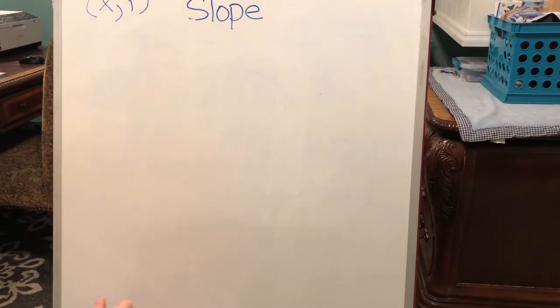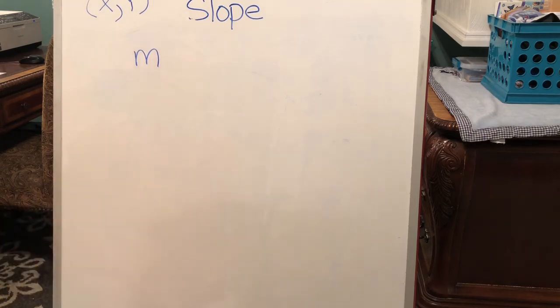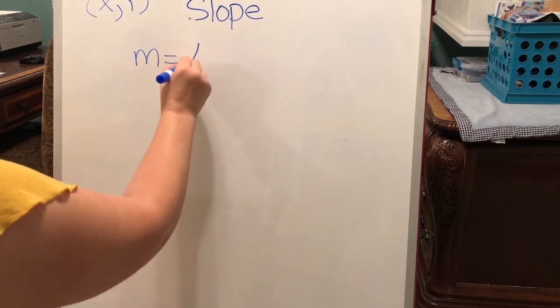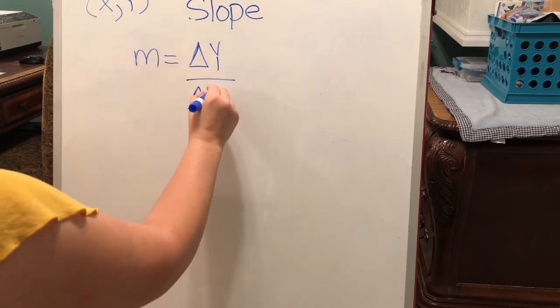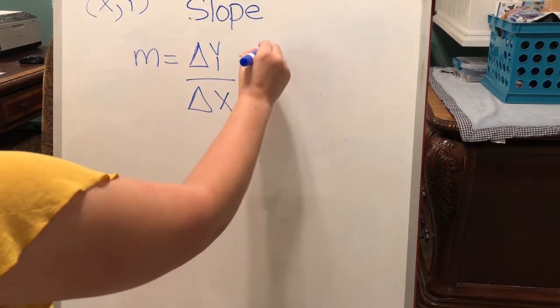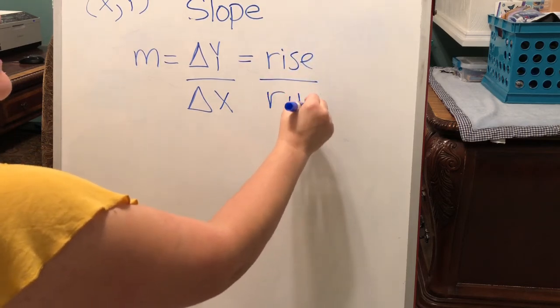We'll go ahead and review. Slope. Usually you'll see slope in an equation as an m is equal to the change in y over the change in x, or rise over run.